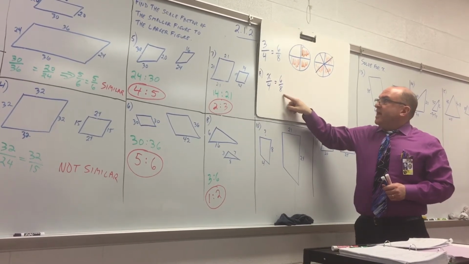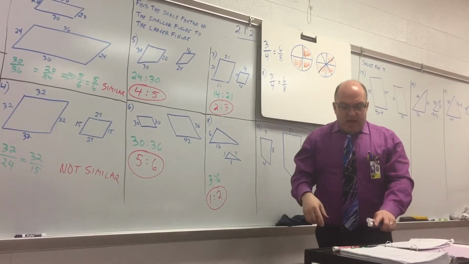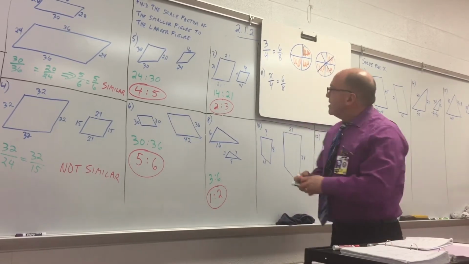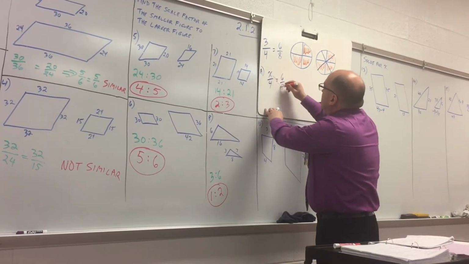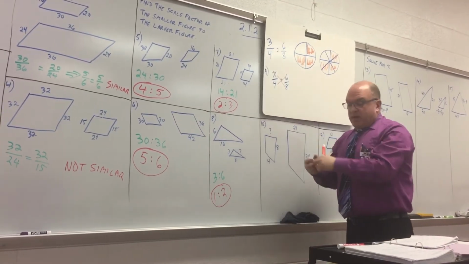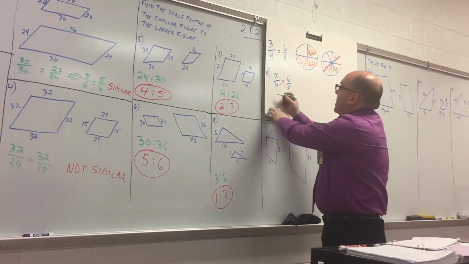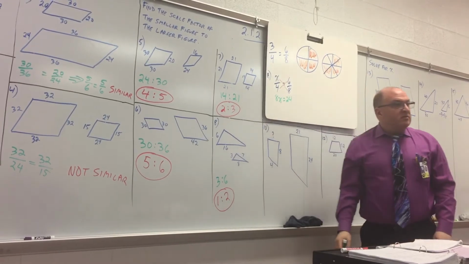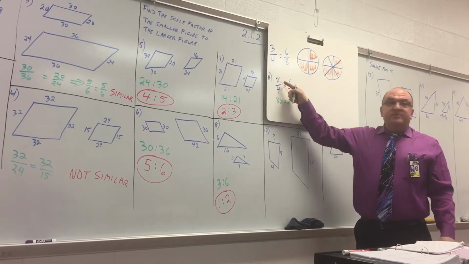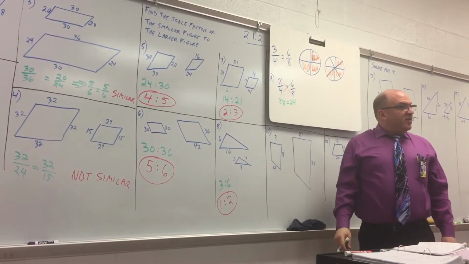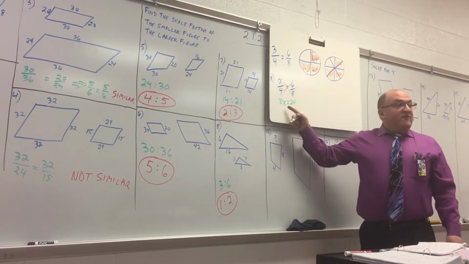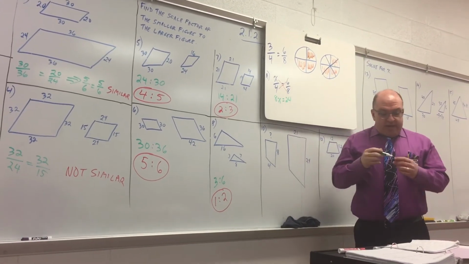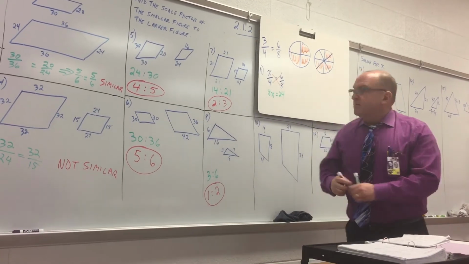And I want you to say 8x. I want you to cross multiply. And I want you to say that 8x equals 24. You see what I did? 8 times x equals 4 times 6. If I divide by 8, what do I get? Don't I get 3? Right?